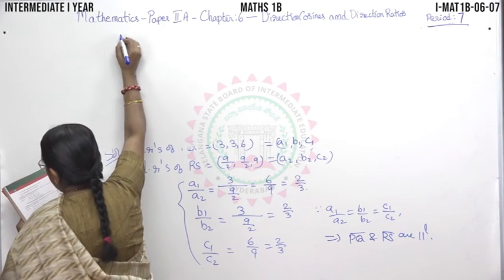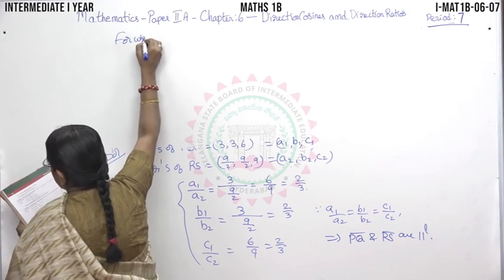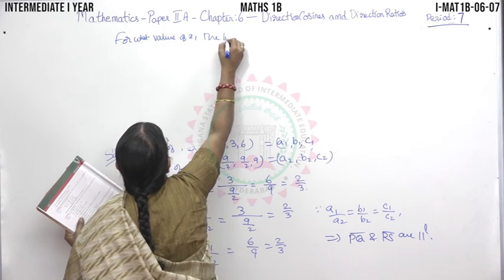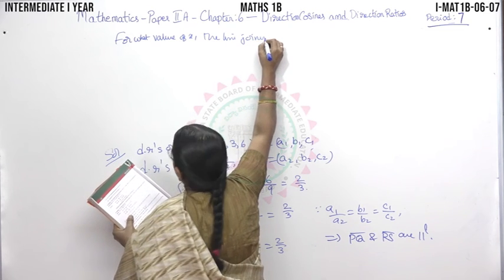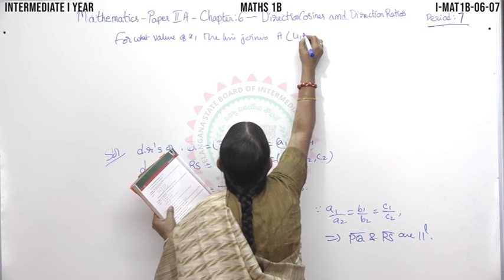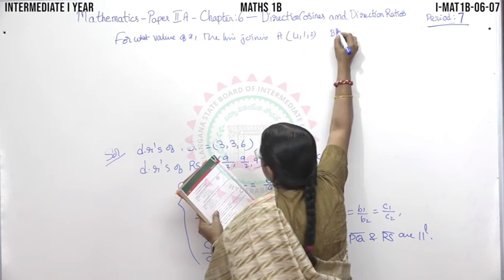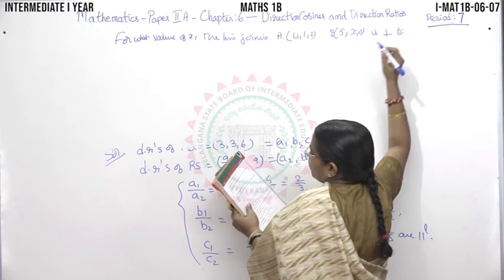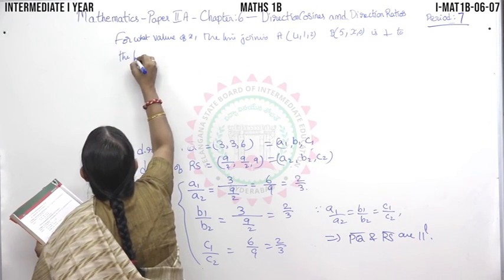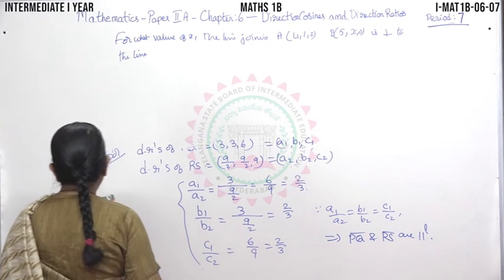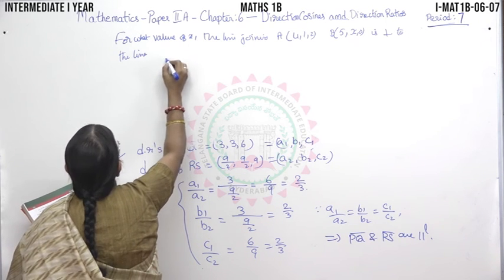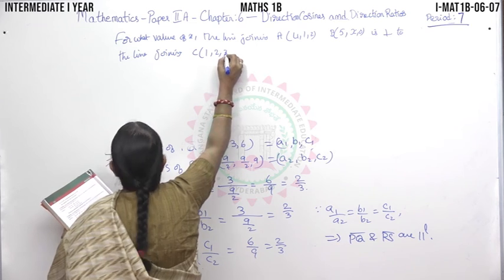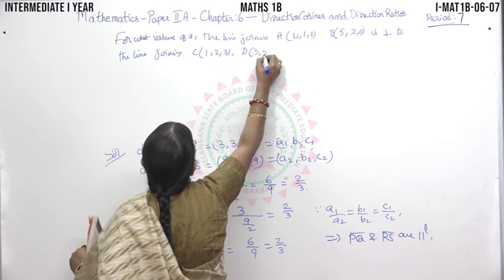Now fifth example is, for what value of x the line joining A 4, 1, 2, B 5, x, 0 is perpendicular to the line joining C 1, 2, 3 and then D 3, 5, 7.